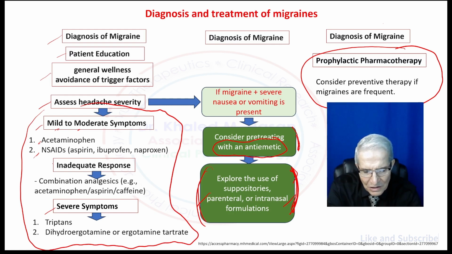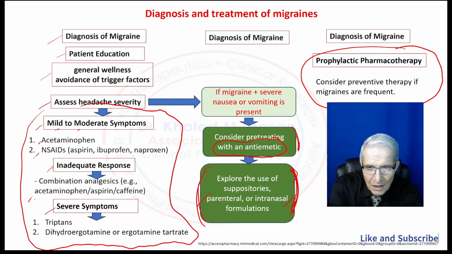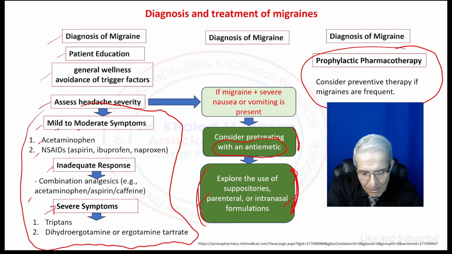If it is inadequate, we move to combination therapy: acetaminophen, aspirin, caffeine, and so on. If the patient suffers from migraine with severe symptoms, start using a triptan and/or dihydroergotamine. So a triptan or dihydroergotamine will be the option for severe acute migraine.